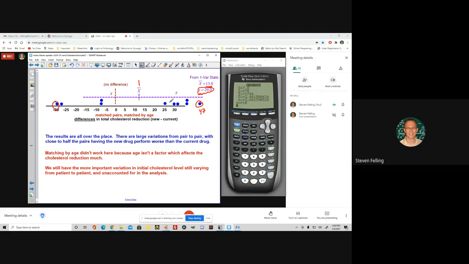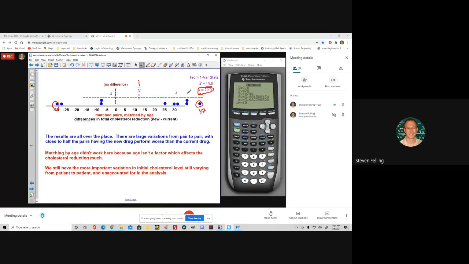So this data would not show that the drug was more effective than the old drug, because the no difference case is well within this span of variations that we had. The results are all over the place. Matching by age didn't work here because it didn't happen to be a factor which affected cholesterol reduction, right?